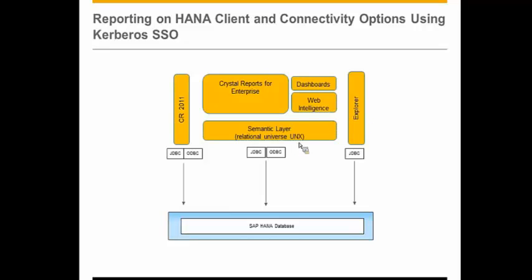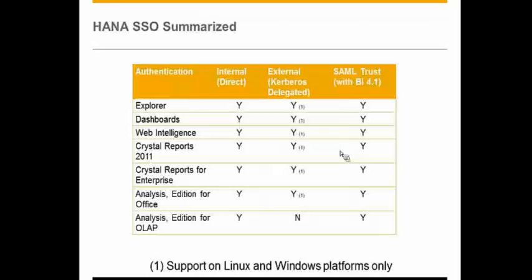Again, all the requirements are still there. You have to have HANA integrated, you have to have BO integrated, you can't schedule anything, and so the HANA summary is that we support all the following applications: internal, external, and SAML.